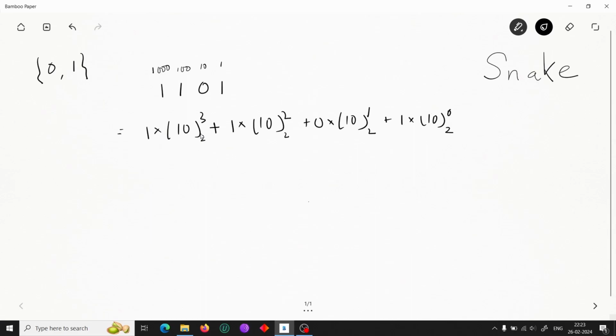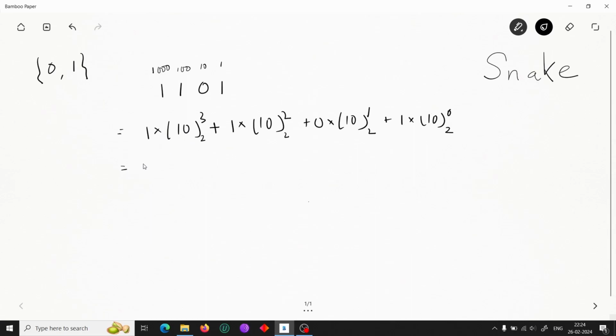But also, this is a good segue to the discussion of converting a binary number to a decimal number. You see, the job is already half done basically. All we just need to see is that this representation is in base 2. We just need to go to base 10.